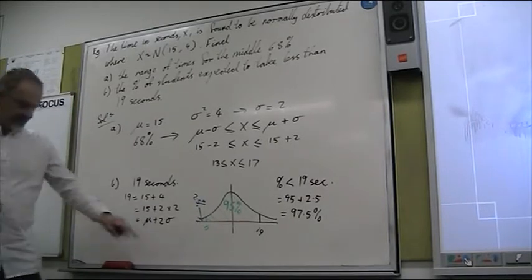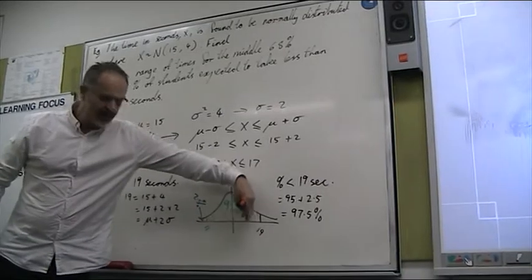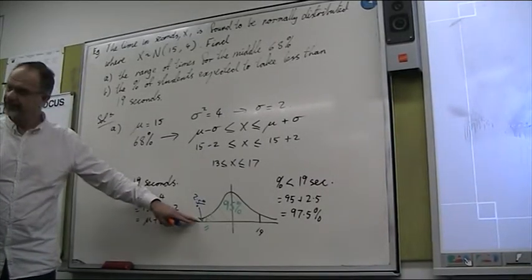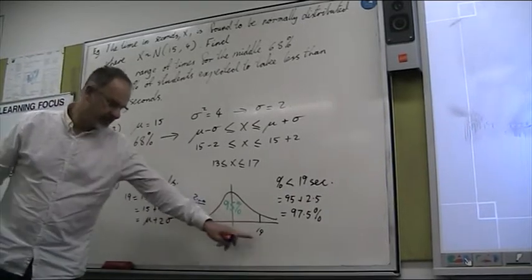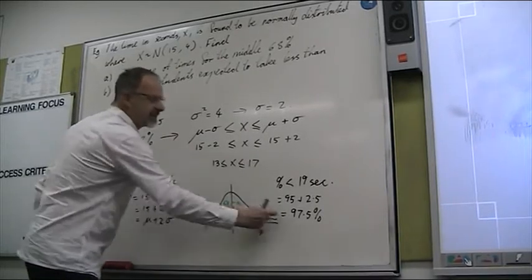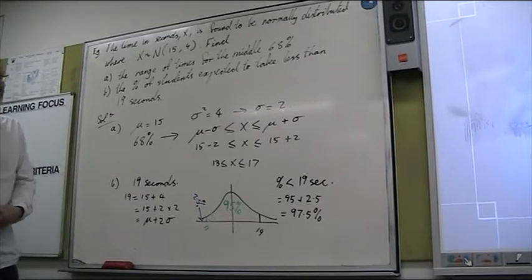So between 11 and 19 there's 95%. The question asks us for everything below 19, so I need to include this bit here. Because 2 standard deviations is 95%, and because it's symmetrical, that other 5% has got to be split evenly. So there's 2.5% there.